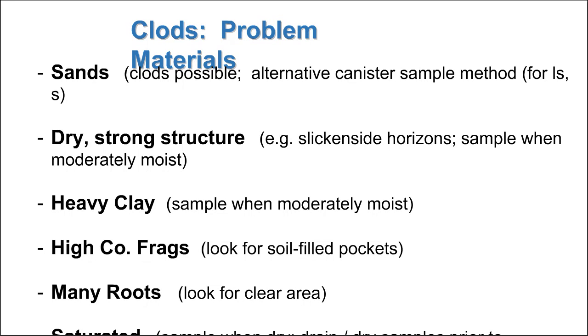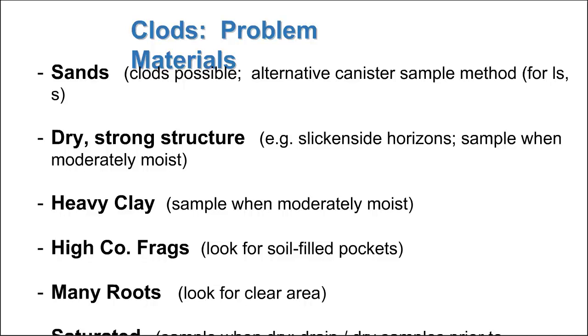Okay. These are materials that we have some problems with in the clods. Start out with sands. It's not all that difficult to get clods from materials, if they're moist, from materials that are sandy enough that we'll never be able to analyze them here. I've done that before.